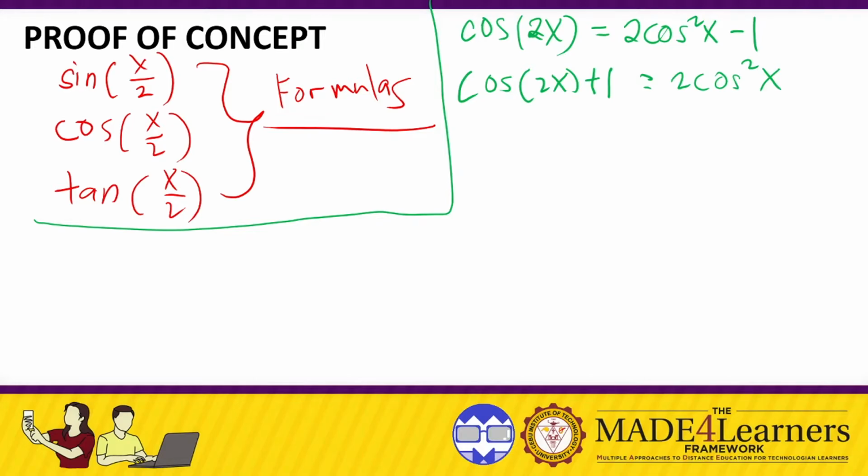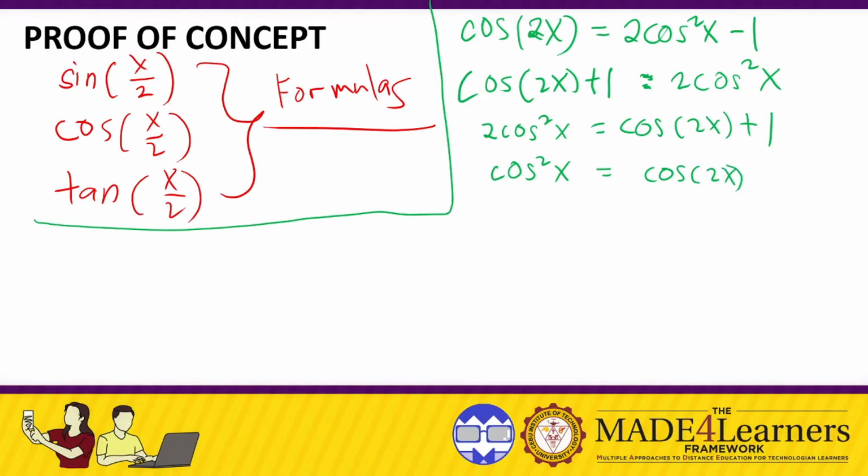Using the symmetric property, this is the same as 2 cos squared x equals cos 2x plus 1. Divided by 2 on both sides, we will have cos squared x equals cos 2x plus 1 all over 2.